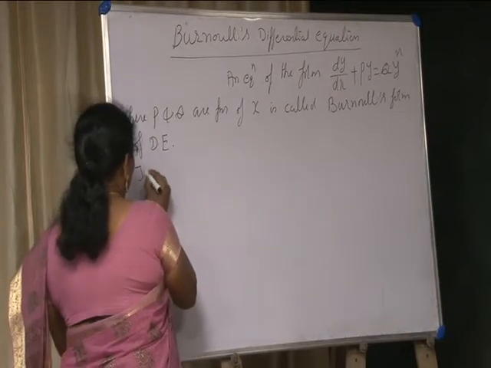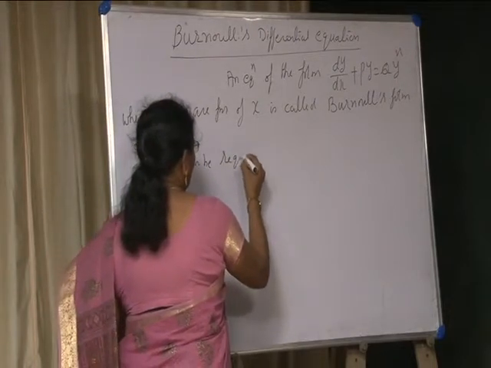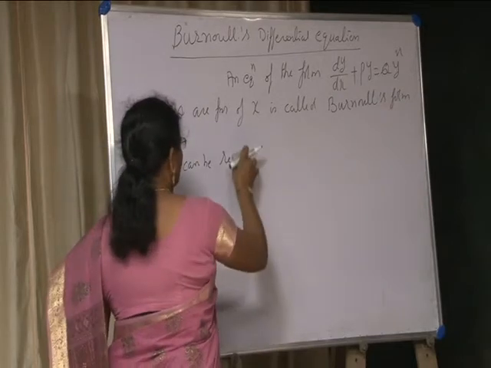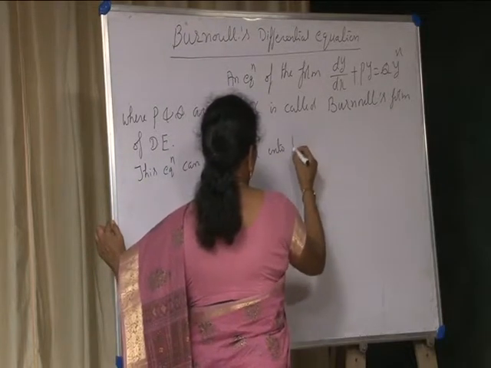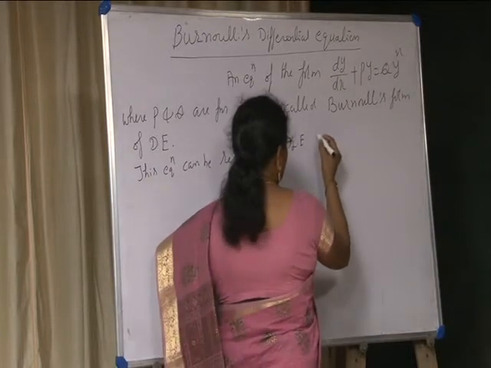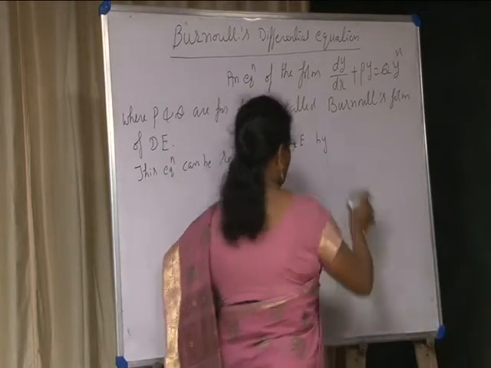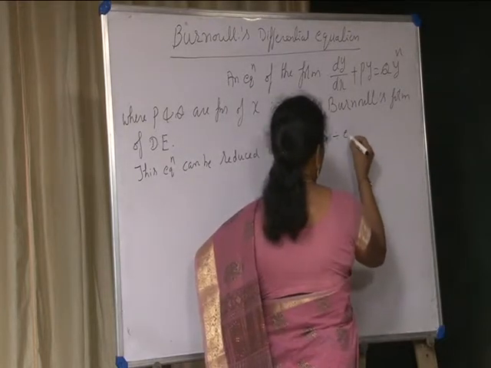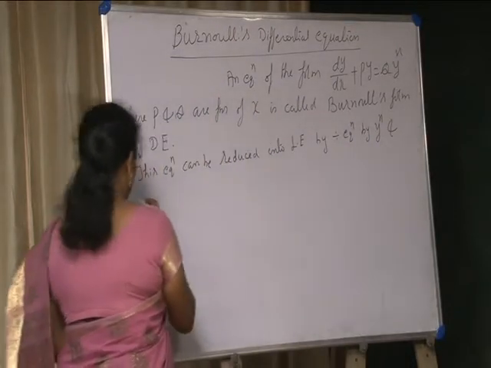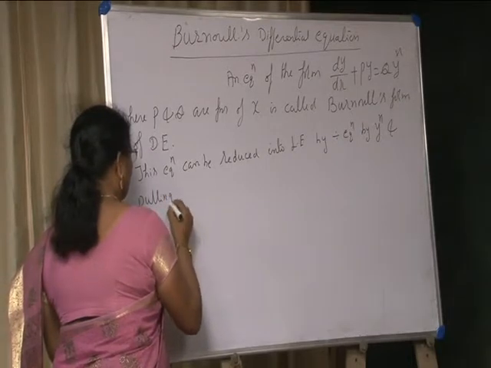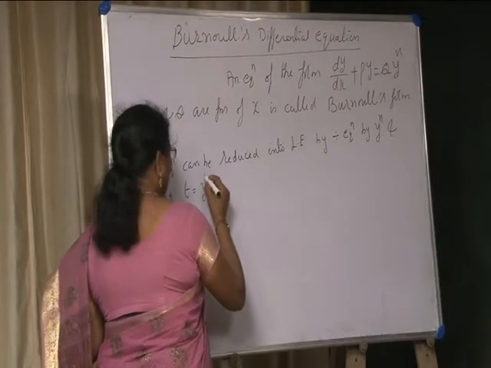This equation can be reduced into a linear equation by dividing this equation by y to the power of n and putting t is equal to y to the power of 1 minus n.